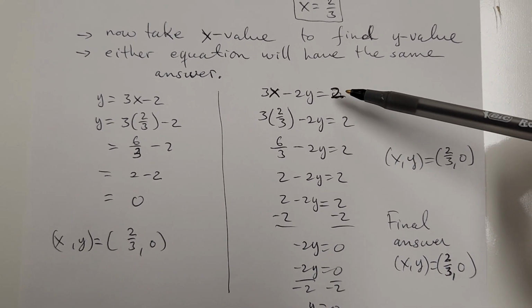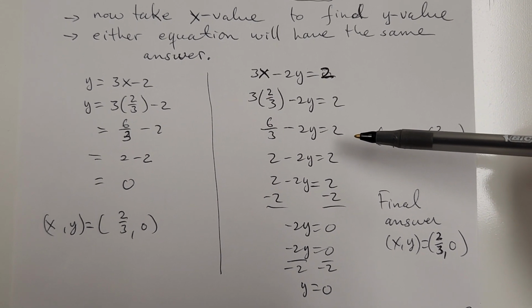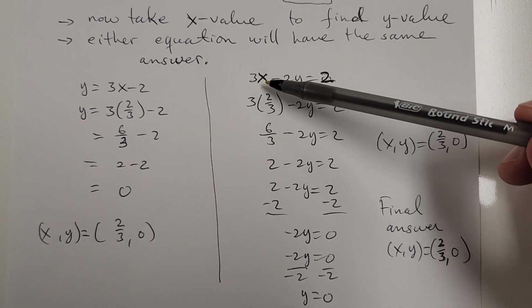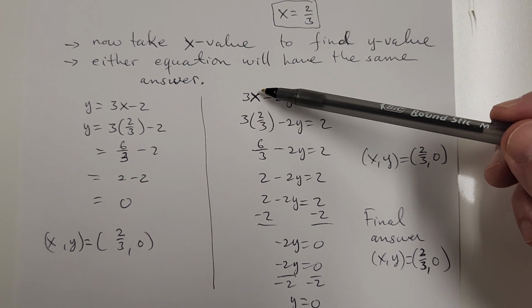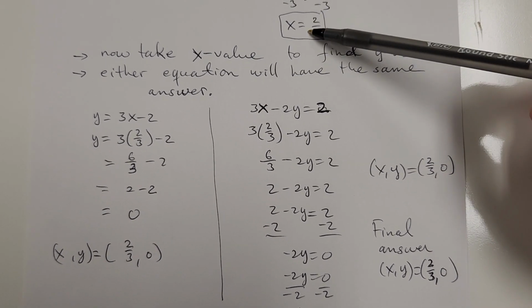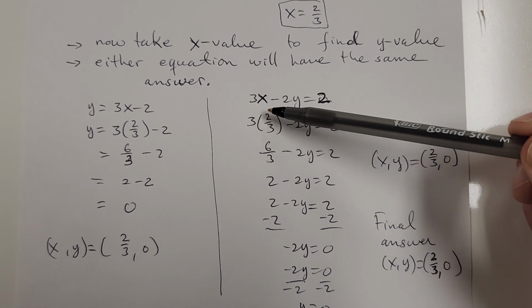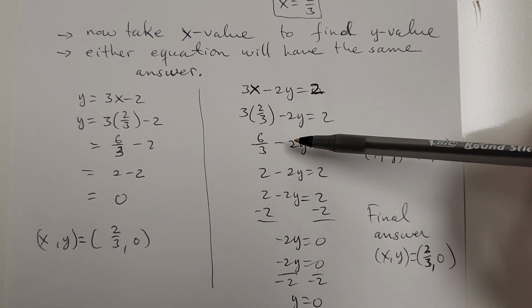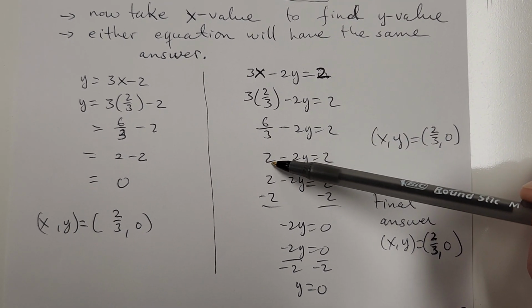However, let's try the second equation. Does it come out the same answer? Okay, so here's the second equation, 3x minus 2y equals 2. Well, we know what x is. Replace this x by 2/3. Okay, so put the 2/3 in. That gives me 6 over 3 minus 2y equals 2. 6 divided by 3 gives me 2.